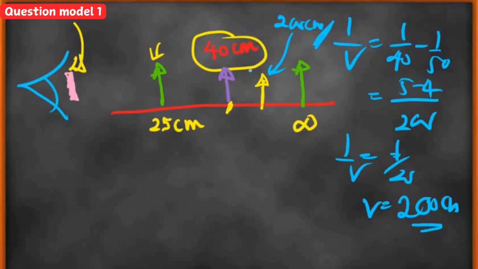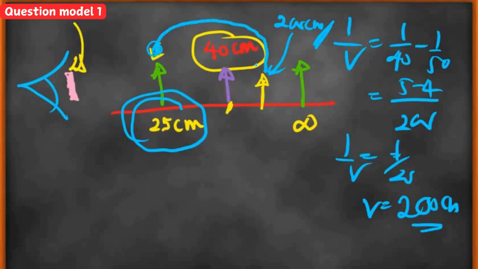Then we need to see objects clearly at 25 centimeters. So we have to create an image of this object at 200 centimeters. Again let's apply the lens formula from which we can get the answer. Let's apply 1 over v minus 1 over u equals 1 over f for this new scenario.